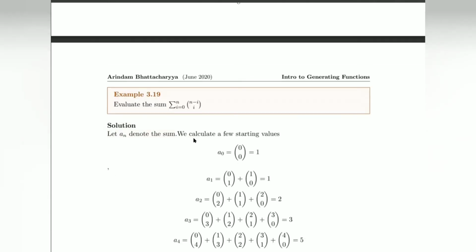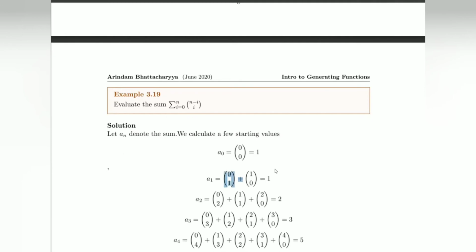Let's try an example. We have to evaluate the sum over i equal to 0 to n of (n minus i) choose i. Let's calculate a few starting values. Denote this sum by a(n). a(0) is, i equal to 0 to 0, 0 choose 0, which is 1. a(1), n equal to 1 here, would be 0 choose 1 plus 1 choose 0.